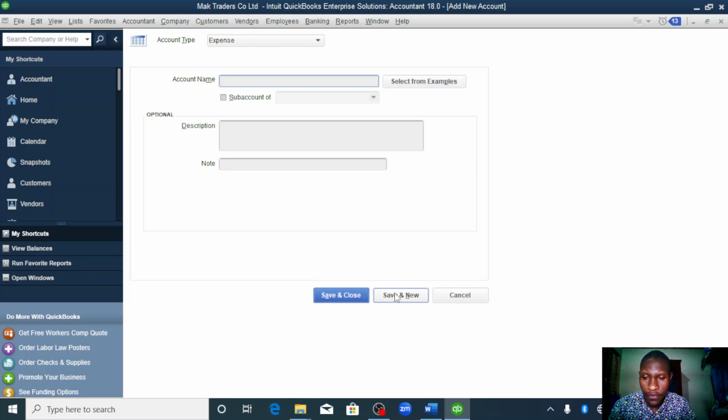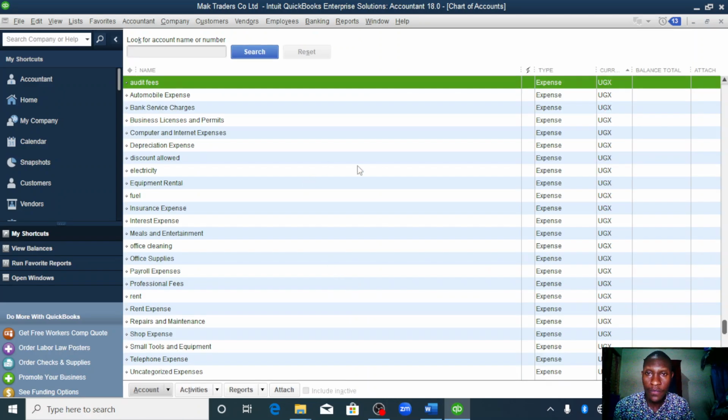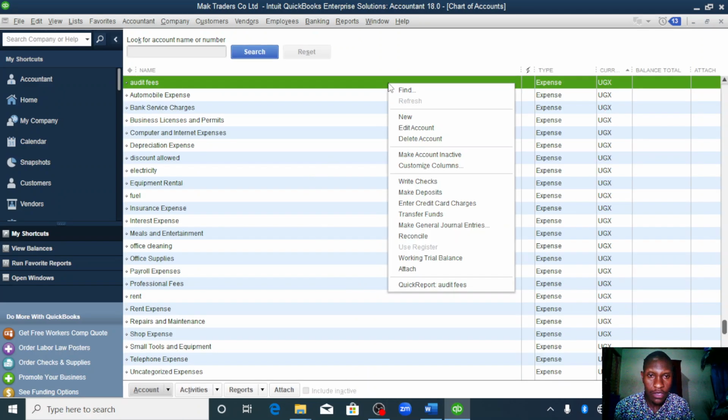We go to audit fees, save and new. The other account is electricity, but we already have it, so we save and close. So we go to our general journal and we add these transactions.